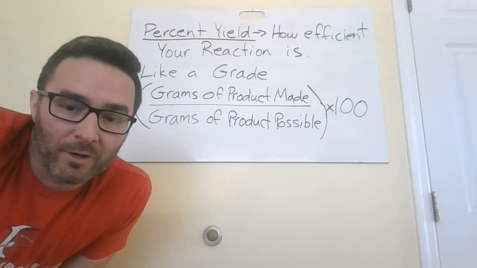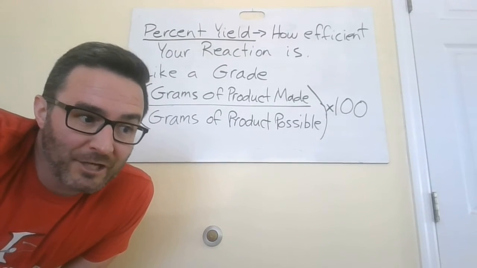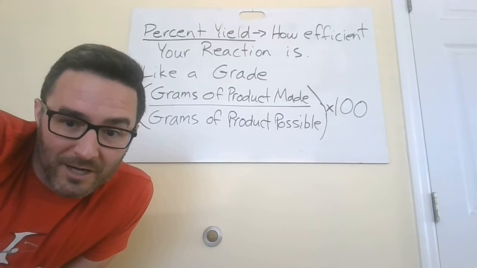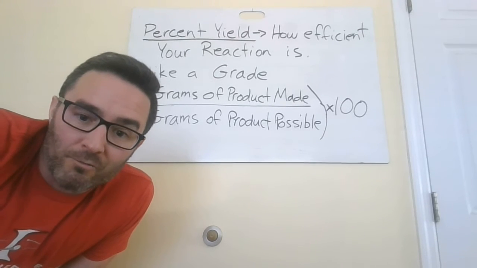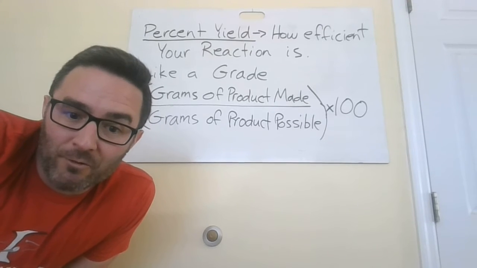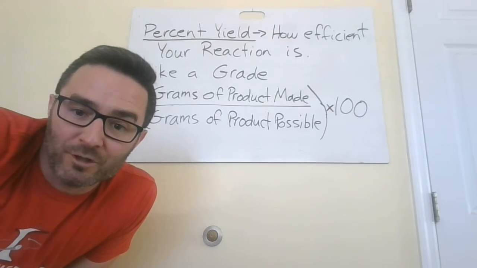It's the same thing for a chemical reaction. If you figure out, okay, I should be able to make 50 grams of a product, and you do the process, and you wind up making 46 grams, you made 46 out of a possible 50 grams, your reaction gave you 92% of what's possible.